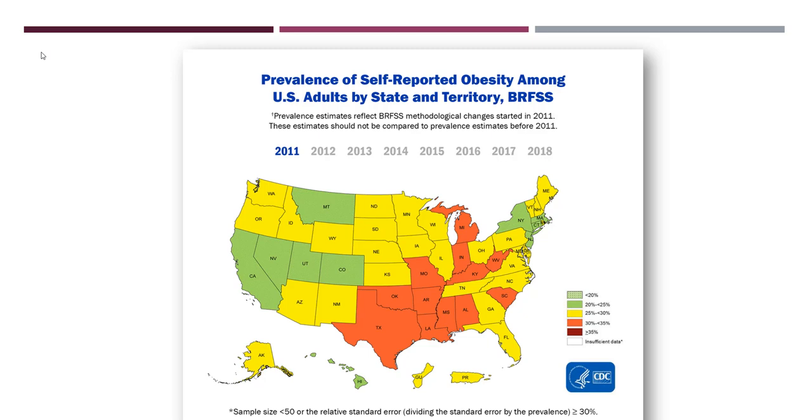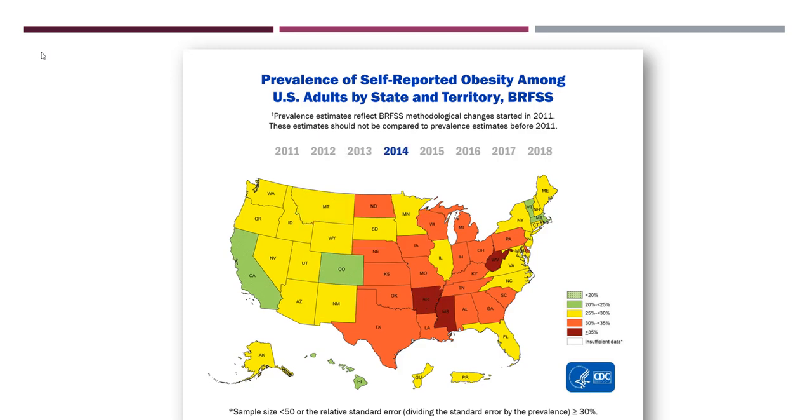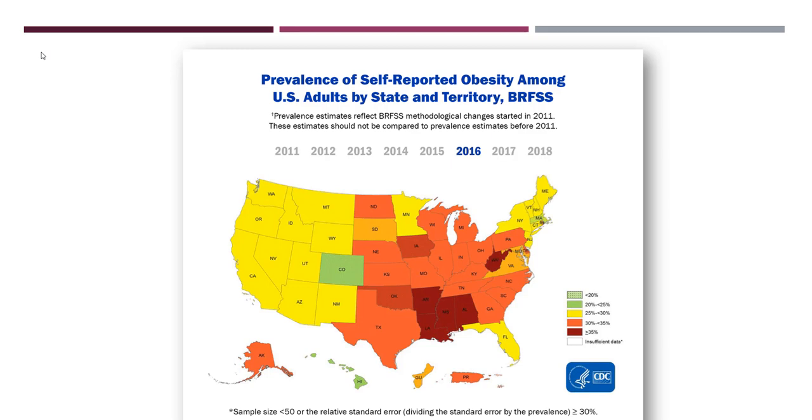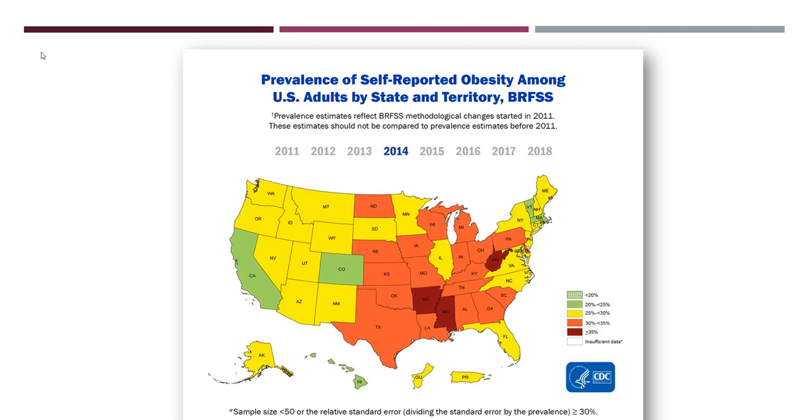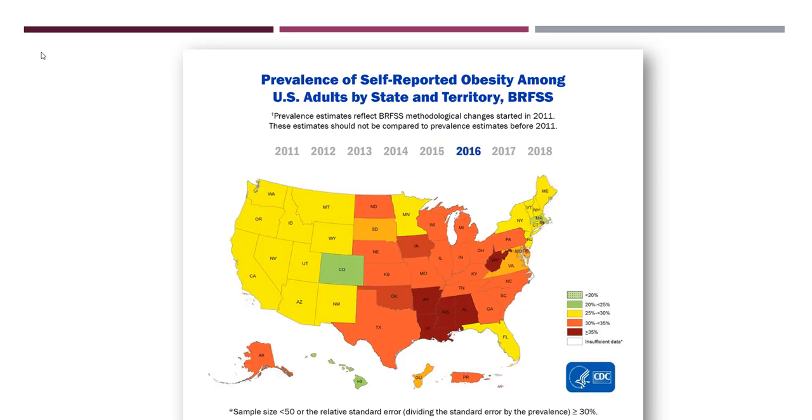So they're not saying what are the new cases of obesity, because if you did new cases, you would not be capturing everybody that had obesity at the time the data was collected. But this is an interesting presentation because it shows the progression, the worsening, and it starts to make you come up with ideas like, hey, what could be going on?